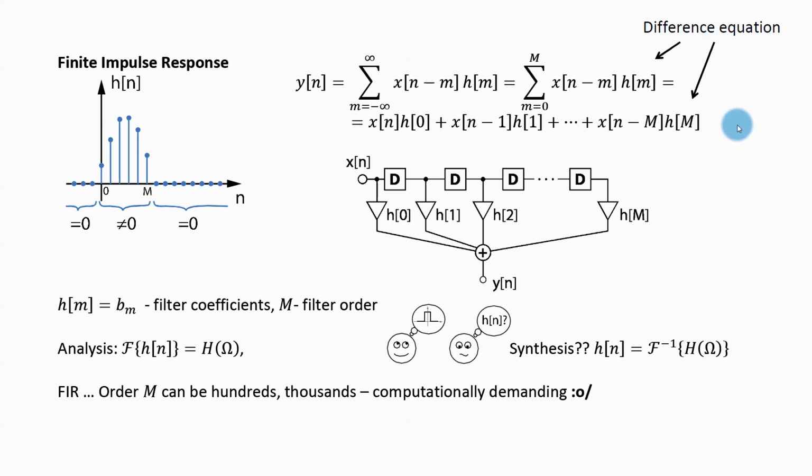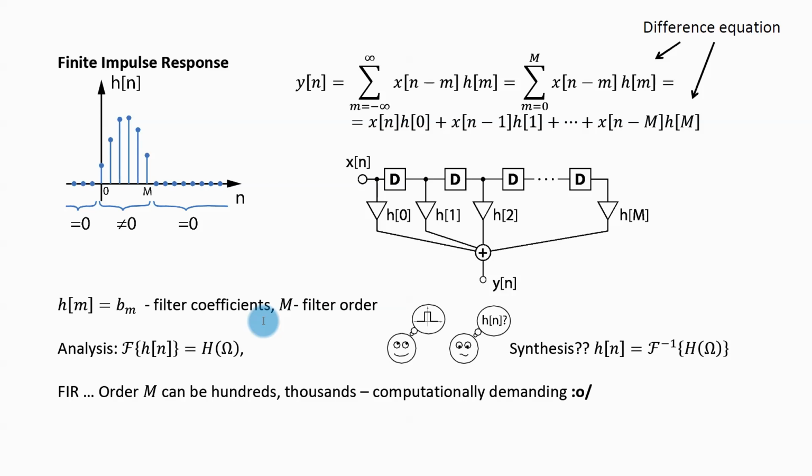Now on the previous lecture I showed you that you can draw this formula as this schematic and that these multipliers correspond to the impulse response. Today I will also use an alternative name. These values of h of m are sometimes denoted as b sub m, and they are called filter coefficients.